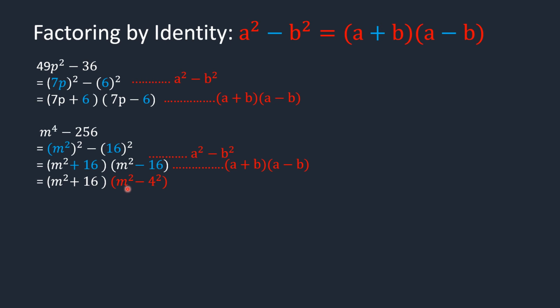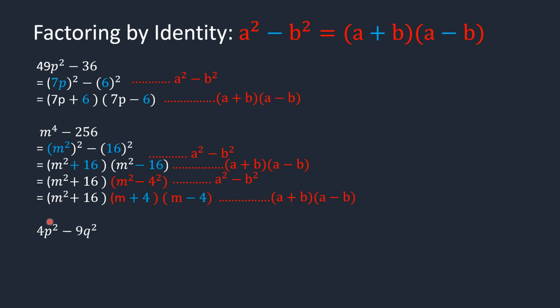We will use again the form a squared minus b squared. So its factors will be m plus 4 multiplied by m minus 4. Here square root of m squared is m. Square root of 4 squared is 4. Give plus sign to one factor and minus to the other. This is according to a plus b multiplied by a minus b.